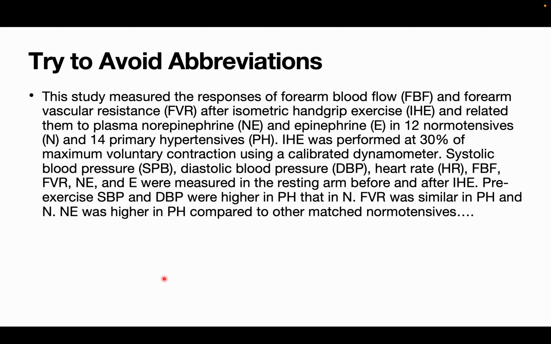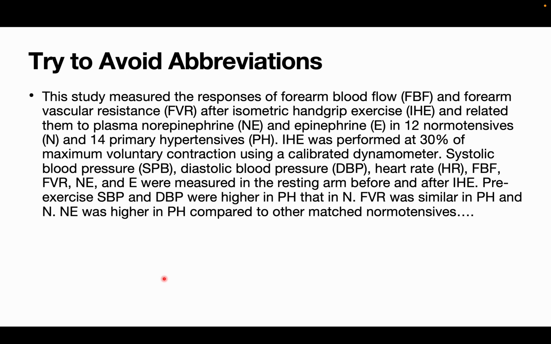Also, we're going to try to avoid abbreviations when we can. So if we have something like this: this study measured the responses of forearm blood flow, FBF, and forearm vascular resistance, FVR, after isometric hand grip exercise, IHE, and related them to plasma norepinephrine, NE, and epinephrine, E, in 12 normotensives, N, and 14 primary hypertensives, PH.